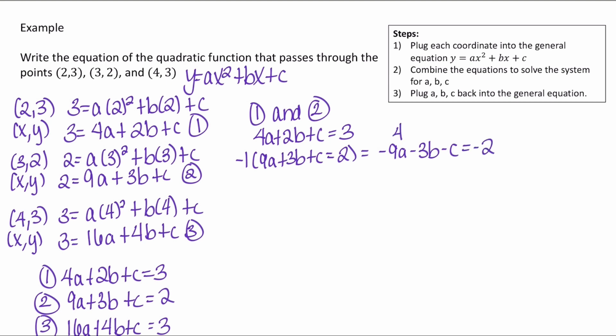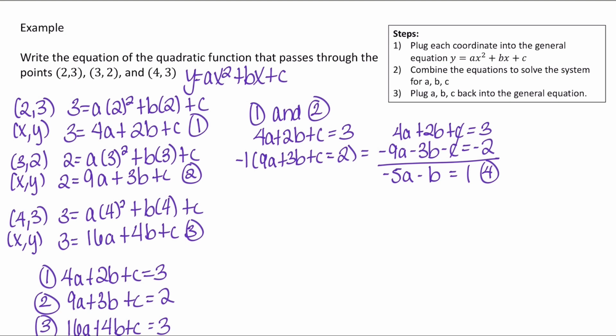So I'm going to combine that with equation 1, which is 4a plus 2b plus c equals 3. And when I add them together, I get 4a minus 9a, which is -5a, 2b minus 3b, which is minus b, and plus c and minus c are going to cancel each other out, leaving me with just 3 minus 2, which is 1. So I'm going to go ahead and now call that equation number 4.